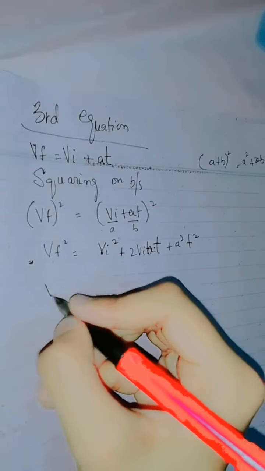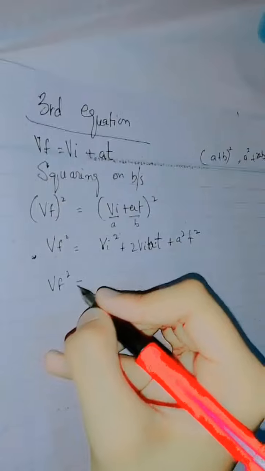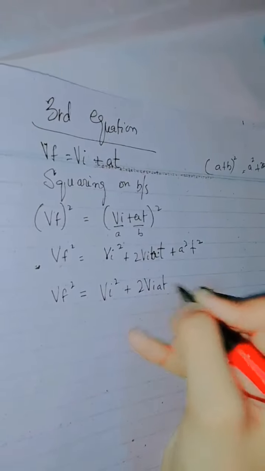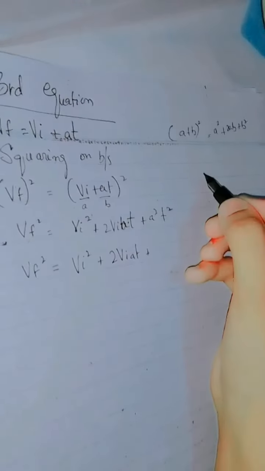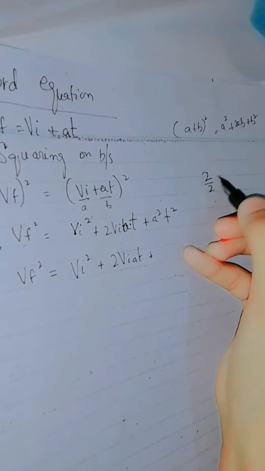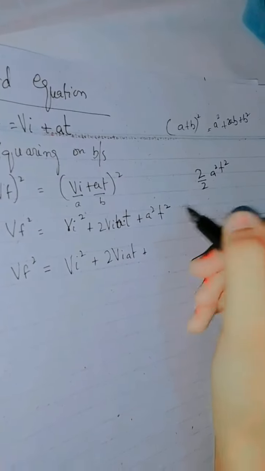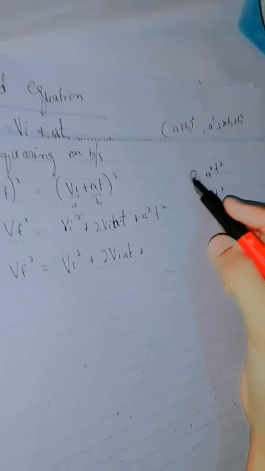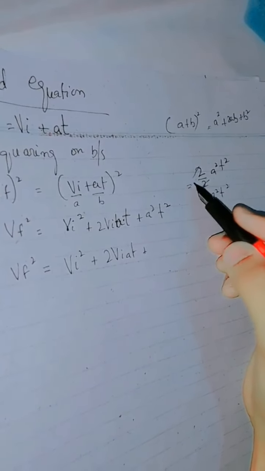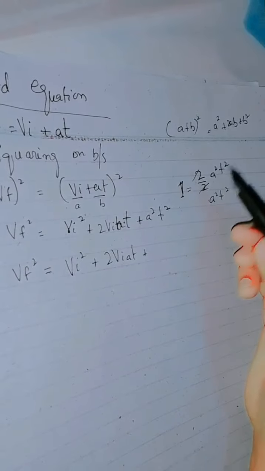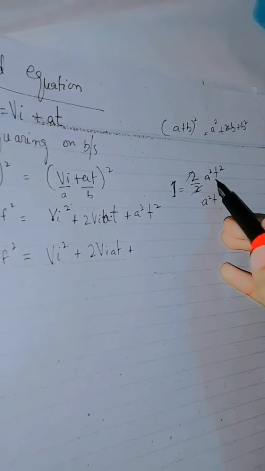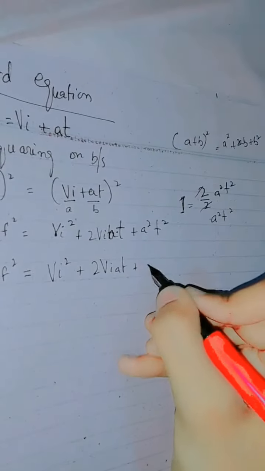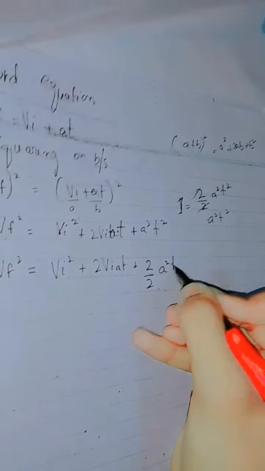So now Vf square is equal to Vi square plus 2ViAt plus. Now here if I write 2 upon 2 A square t square, does it matter? Or I can simply write A square t square. Both are the same because 2 upon 2 is equal to 1. Every value multiplied by 1 stays the same, so there will be no change in the answer. So I can also write here 2 upon 2 A square t square.